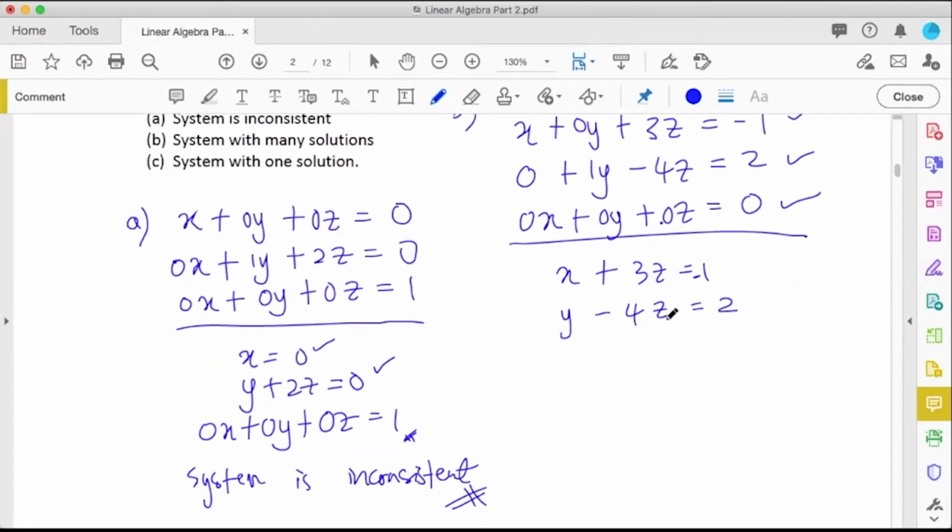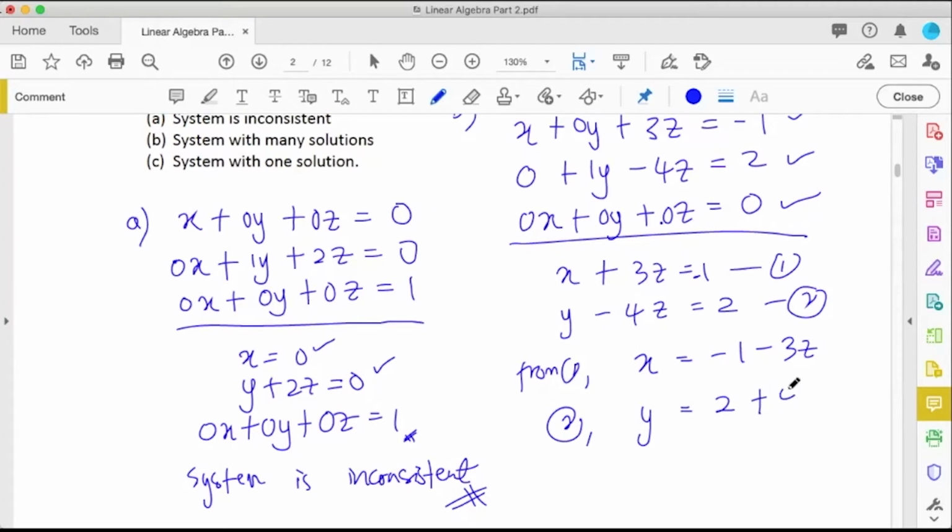So based on these 2 equations, let's say this is our equation 1. From 1, we can get x equal to negative 1 minus 3z. And from 2, we can get y equal to 2 plus 4z.